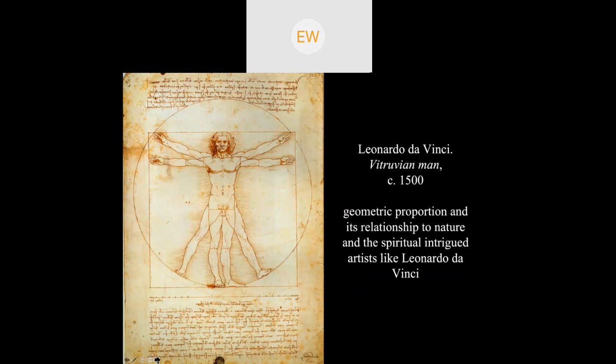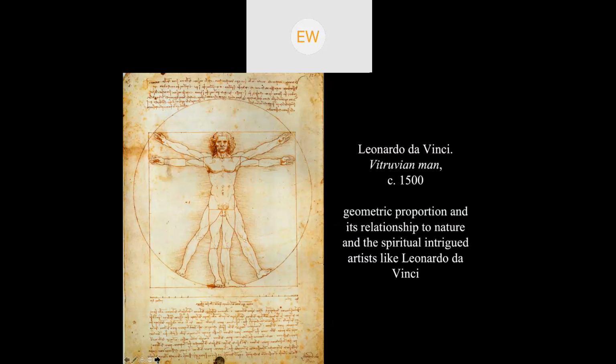Vitruvius was a Roman writer who wrote down a lot of the Greek and Roman classical orders. And Vitruvius's writings were rediscovered in this period of time, and so that had a lot to do with this reclamation of Rome and classical ways of doing things.